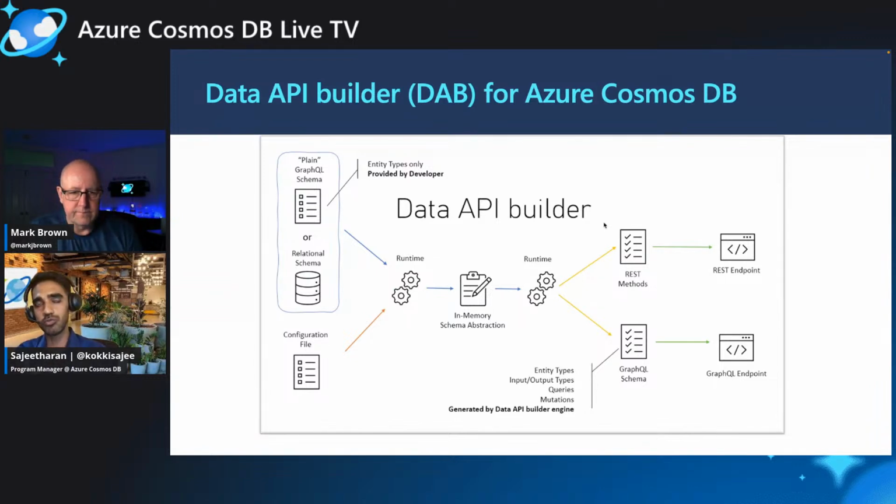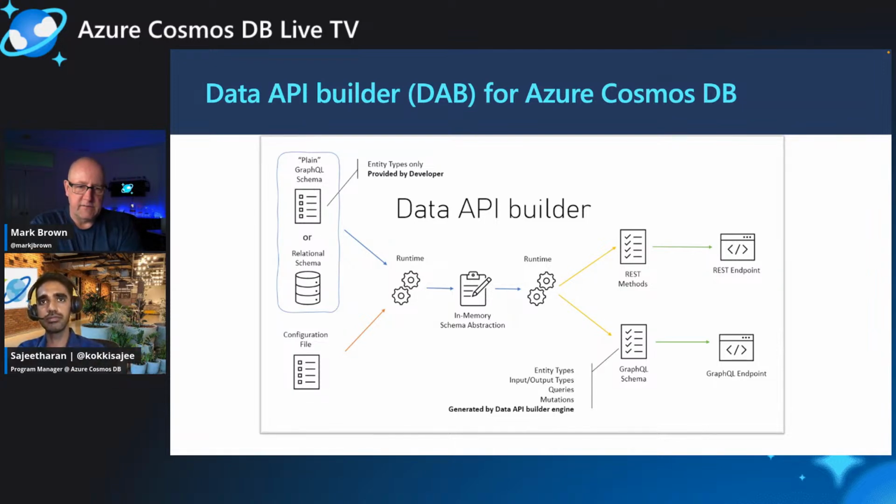These are the two files a developer would typically need to provide for NoSQL databases such as Cosmos DB, and for relational databases, the schema is automatically fetched by the engine itself. Once the developer provides the schema and the configuration file, we can perform REST or GraphQL operations on top of existing databases.